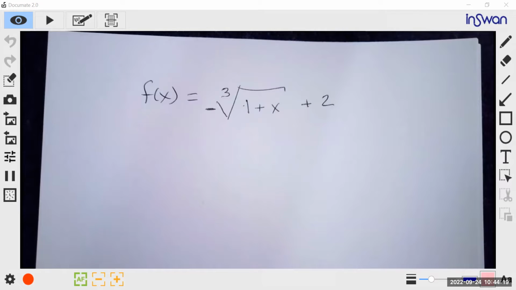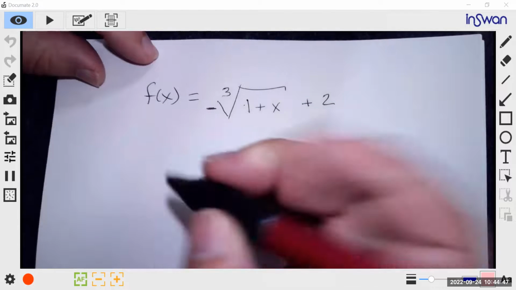Negative cube root of 1 plus x, plus 2. So it's cube root.